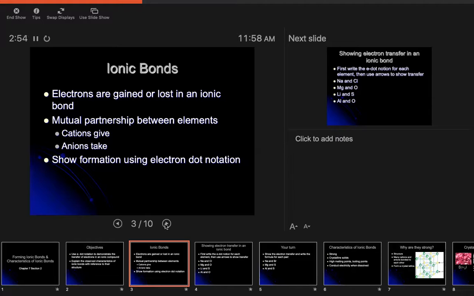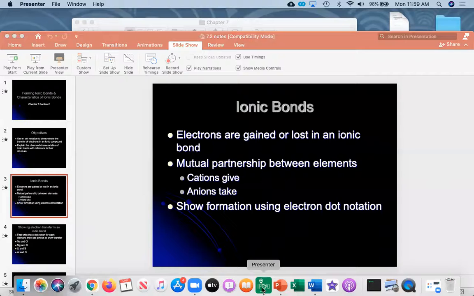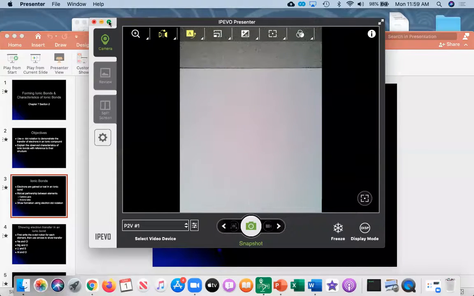An ionic bond is formed when electrons are transferred between elements. One of them is gaining, one of them is losing, and because of that, it's a great relationship between the two. Let me switch to my camera so I can show you what that looks like, because this is going to be part of your job.